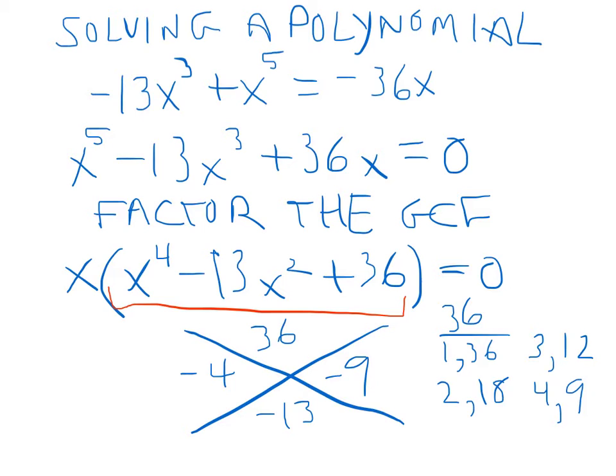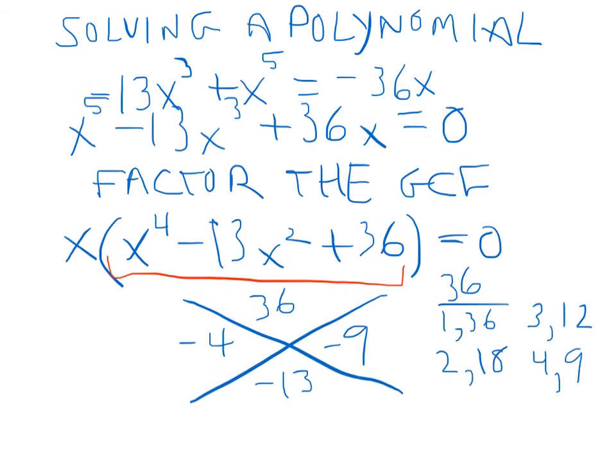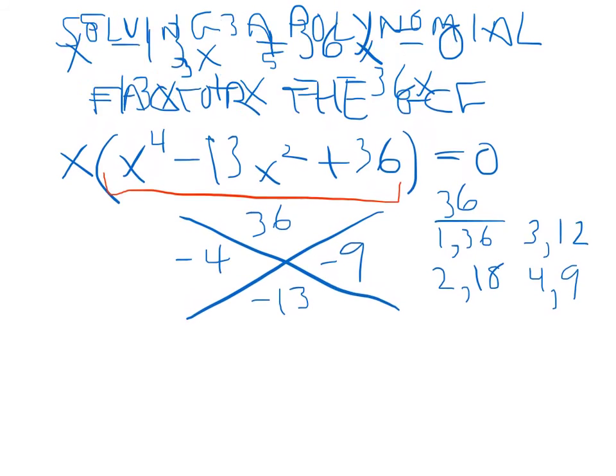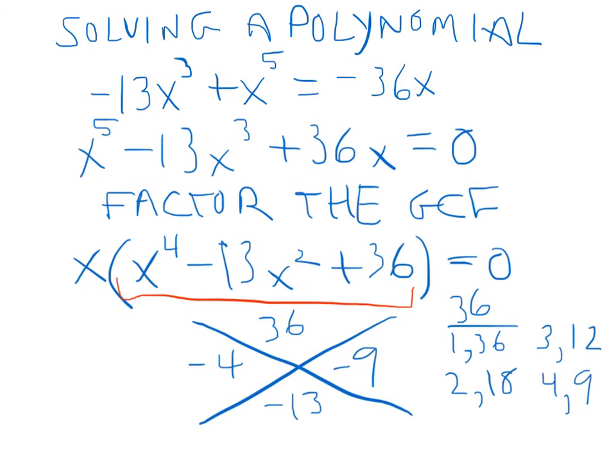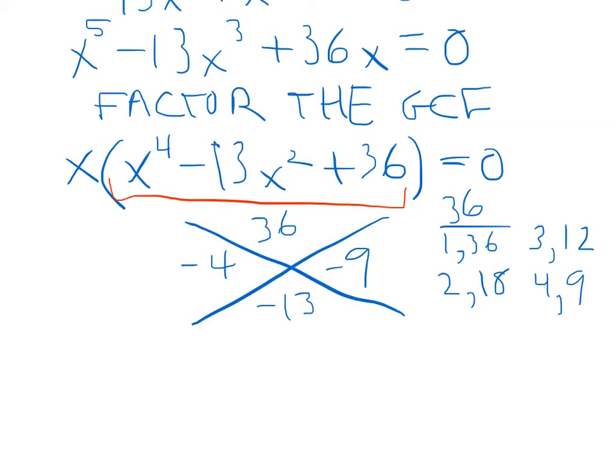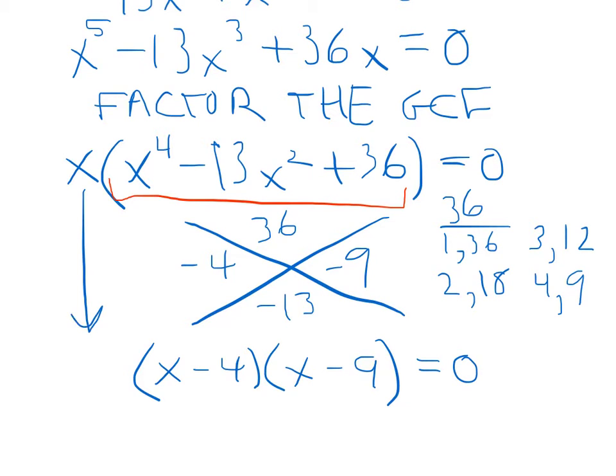Now, the next part is a little tricky. Let's go ahead and write out the factors now. Just like we have in the past, we will write x minus 4, and then times x minus 9. And don't forget it's still equal to 0, and we still have that x out in front, so we've got to keep that.